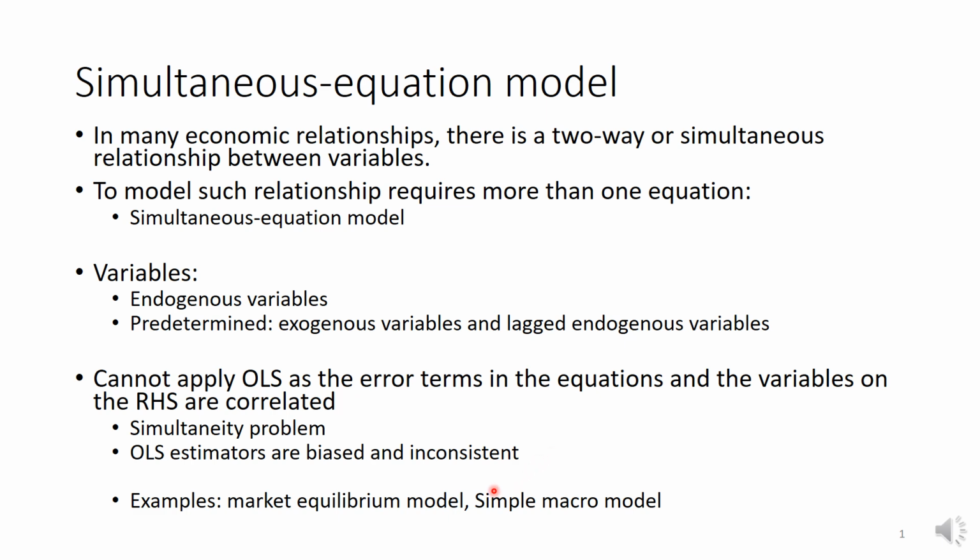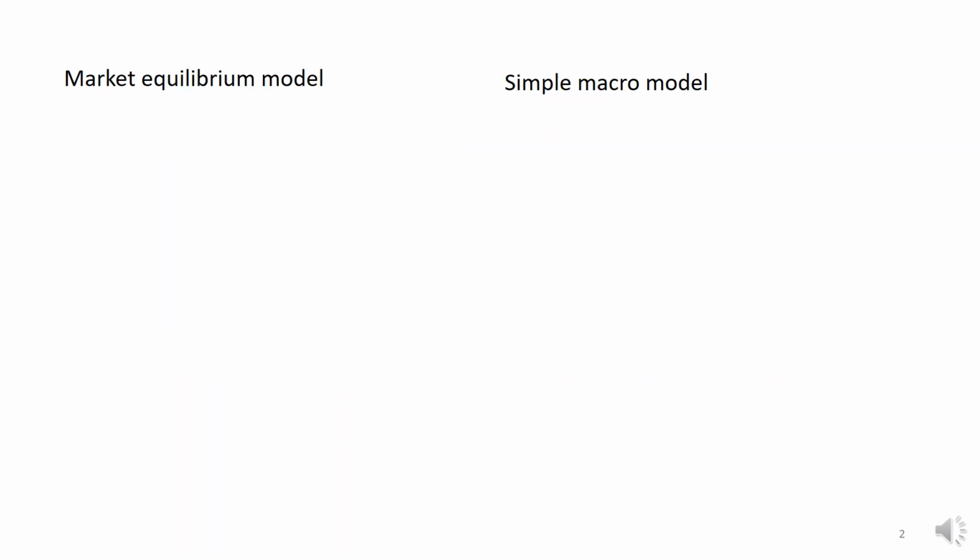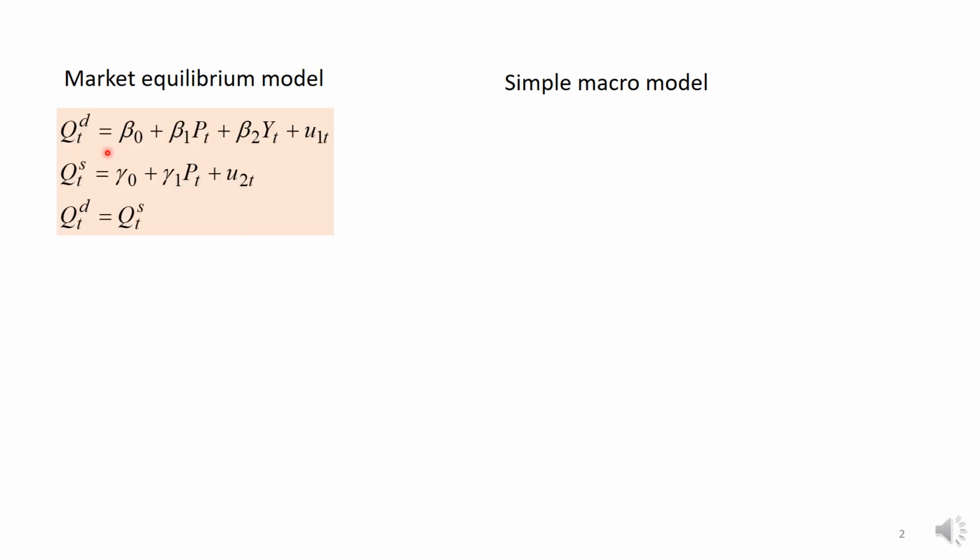The simple way of explaining the simultaneous equation model is just to give you examples, and we'll stick to simple examples: the market equilibrium model as well as the simple macro model. For the market equilibrium model, we have the demand equation as well as the supply equation, and we have the equilibrium condition.